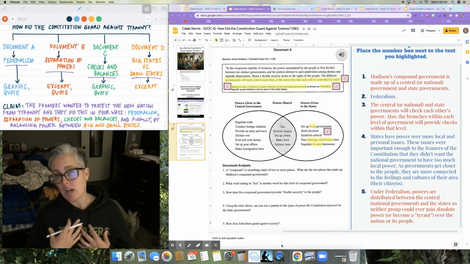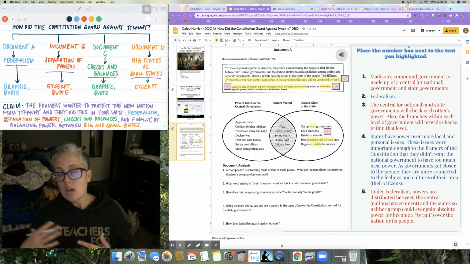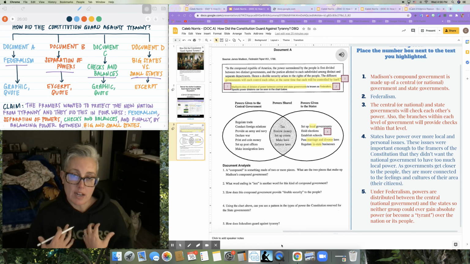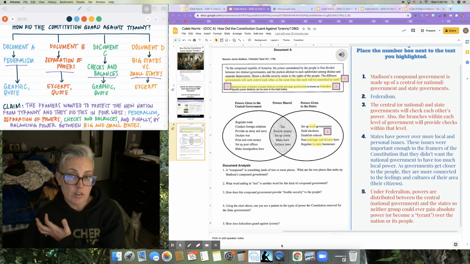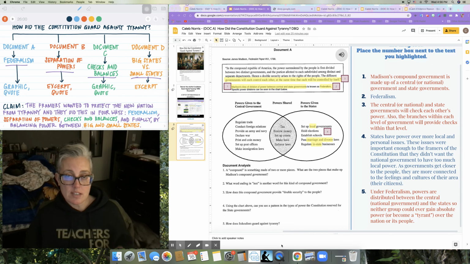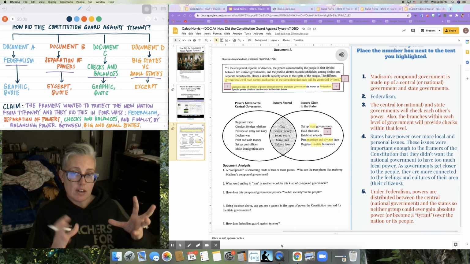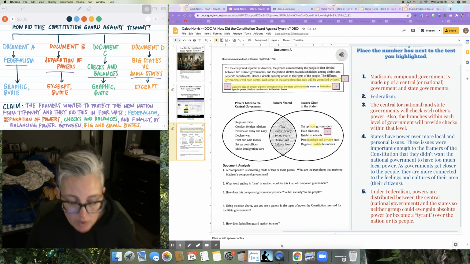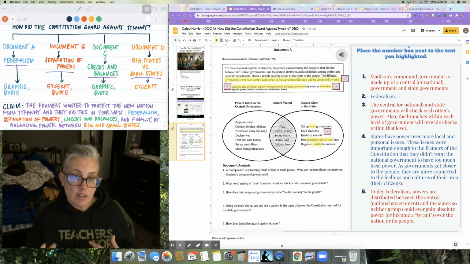It's just the way that I choose to do my writing. Whatever your ELA teacher wants you to do in their class, please do that. I don't want to teach you the wrong way. This is just the way that I do it, and if the way they've taught you is something you understand better, that's totally fine. I just want to see that you've got some kind of an outline, and then you've turned that outline into a paragraph. So I'm going to show you the outline that I do.